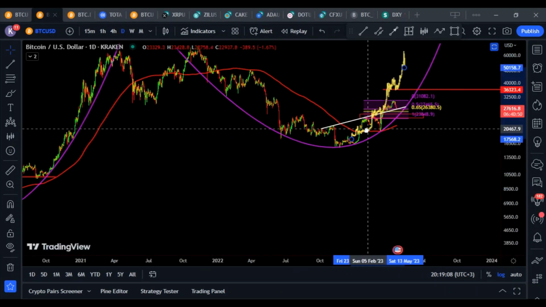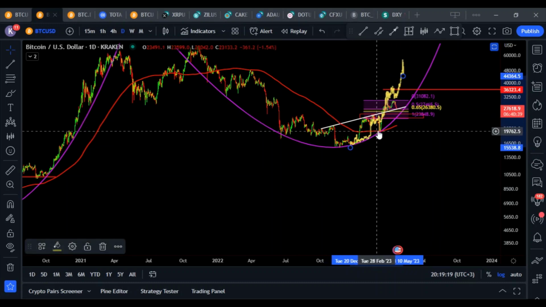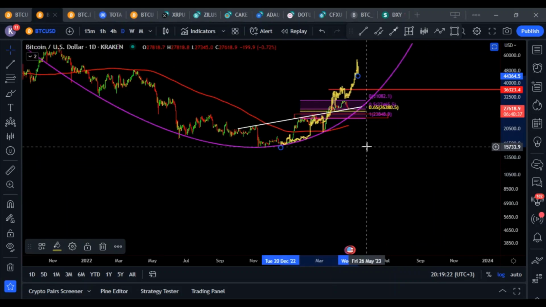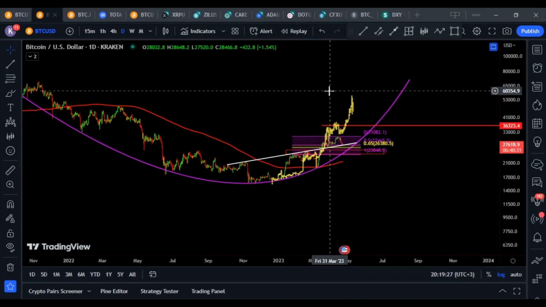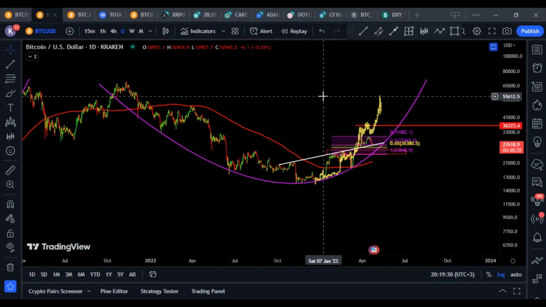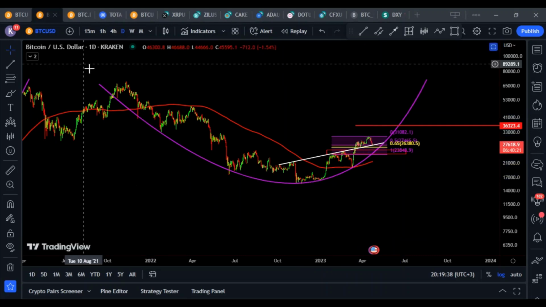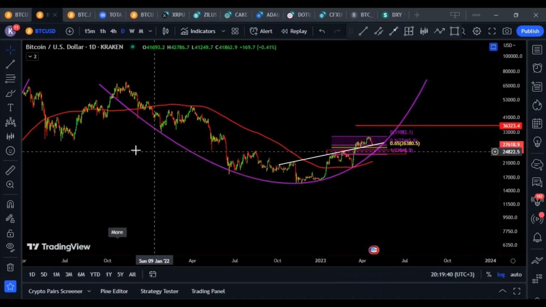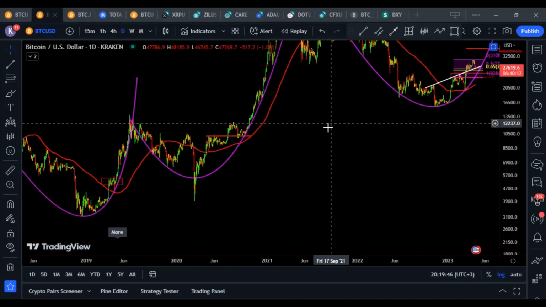And if we drag it, just to have an idea, an approximation, if we try to align this wick here with this wick, because we already had a wick as well, this move would take us, of course this is not one-to-one and will not happen exactly as is, but technically if we have a similar move, that would take us into the 55,000 area, very close to our previous all-time high.